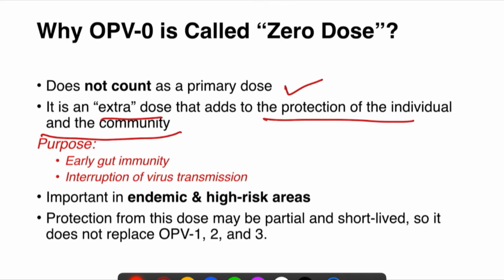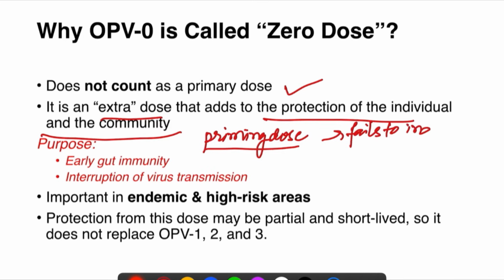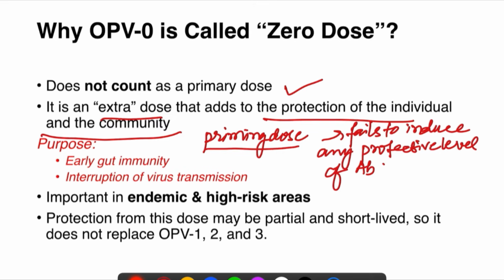So when we are giving the vaccine at birth, it serves as a priming dose. This dose fails to induce any protective level of antibody, and it is because of the presence of interfering maternal antibodies and secretory IgA antibody in the breast milk.